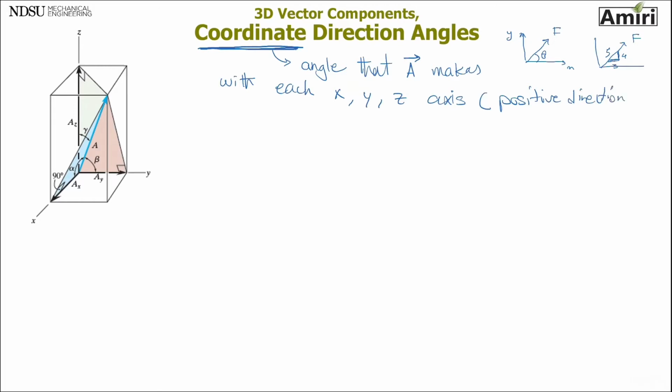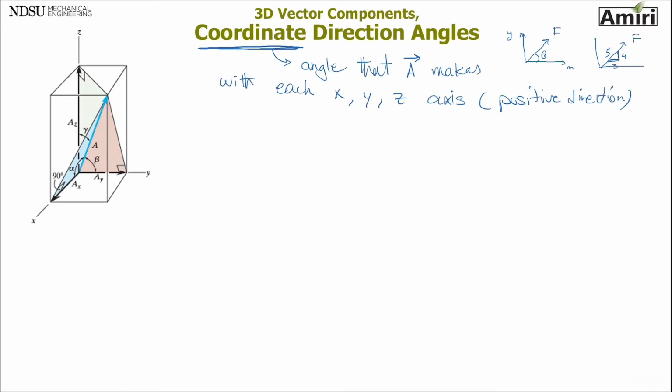I could have worded that better. So coordinate direction angles are the angles that A makes with the positive x, positive y, and positive z axis.